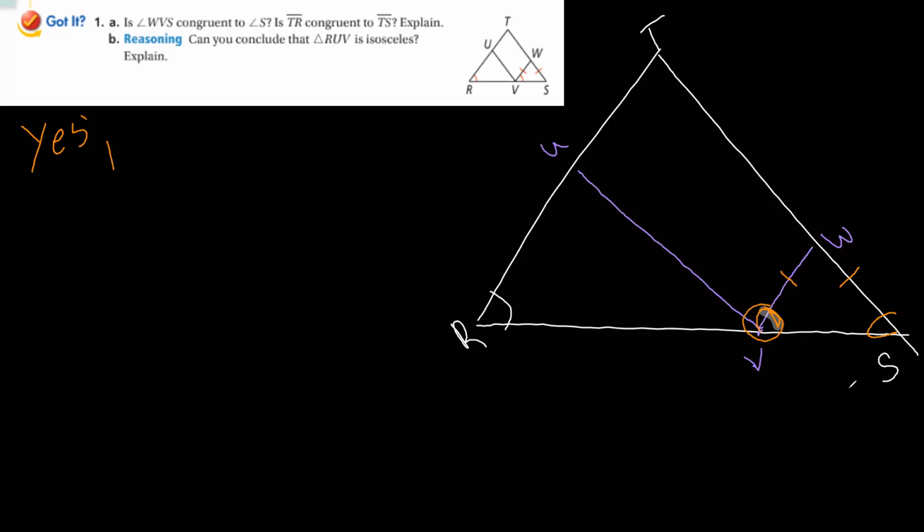Thank you. Since these two sides are congruent, their opposite angles are congruent, according to our theorem. We say that if we have two sides that are congruent, then the angles opposite them are congruent.